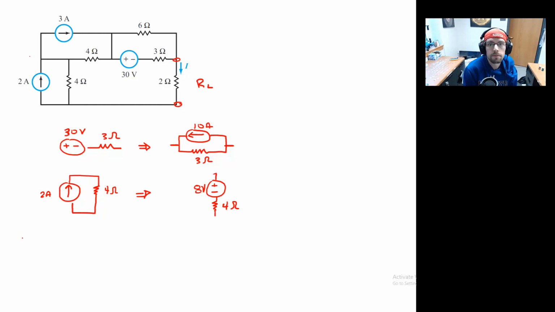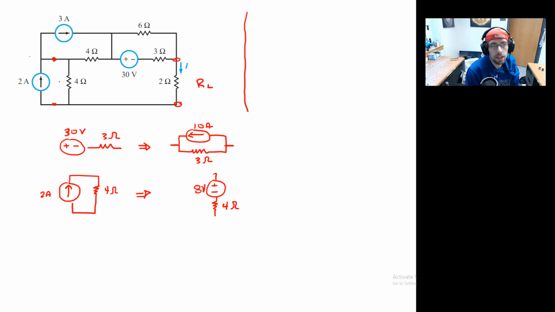There we go. So let's go ahead and redraw our figure with those 2 changes in so far. I'll start with this 2 amp 4 ohm supply. And the key thing is, notice I've got to make sure that it connects to the circuit in the same way.